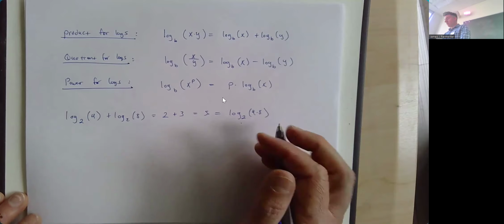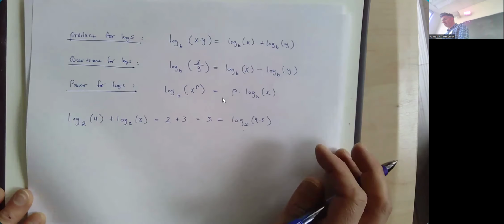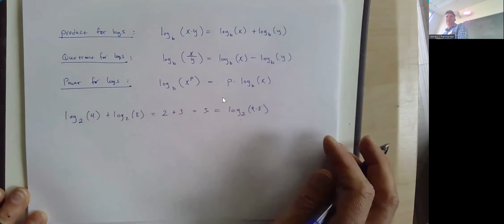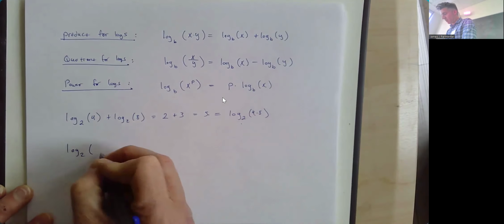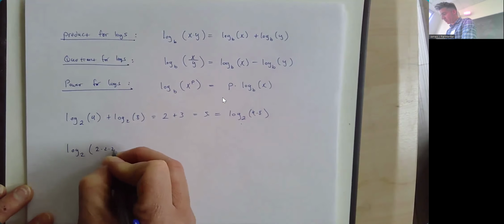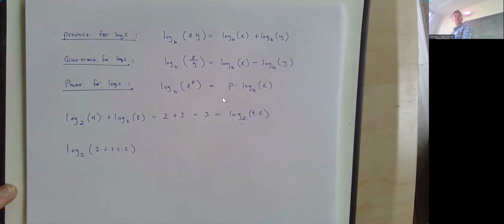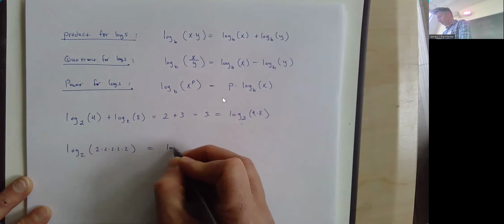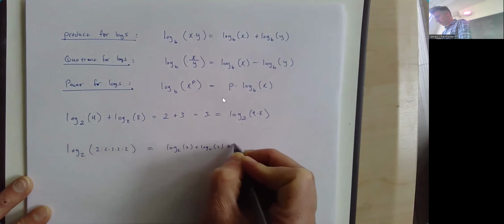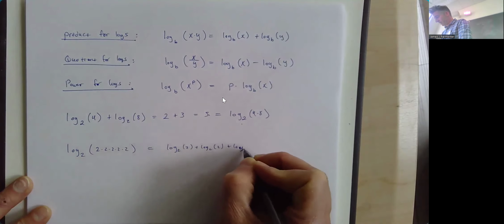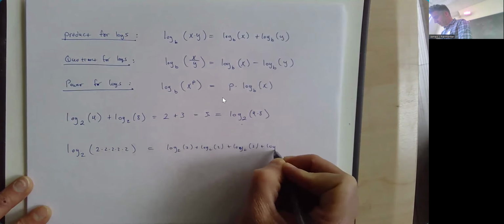And then if you believe that the product rule works, then you also kind of have to believe that the power rule works for the same sort of reason. If I take the log base 2 of 2 times 2 times 2 times 2 times 2, well, I could break it up as the log base 2 of 2 plus the log base 2 of 2 plus the log base 2 of 2, 5 times, which I really don't want to write 5 times, but I guess I'm going to.